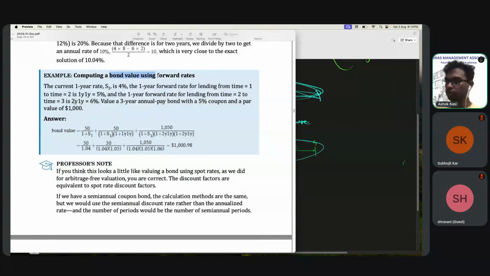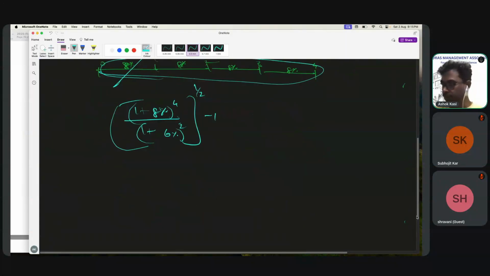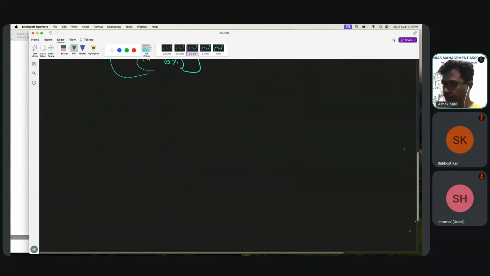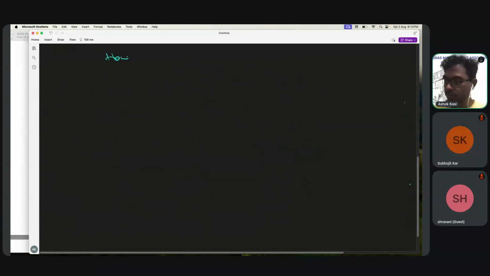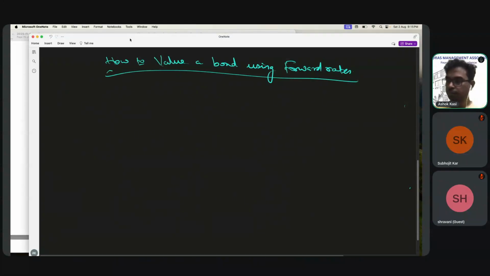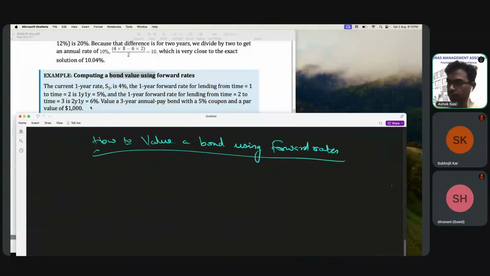Okay, now how to value your bond using forward rates? See, the initial year is always spot, so don't get confused.